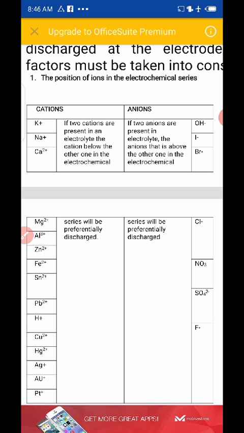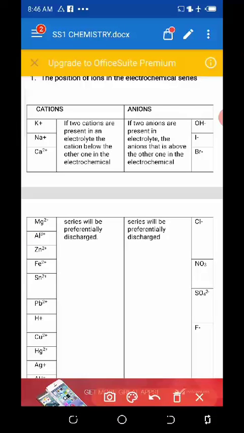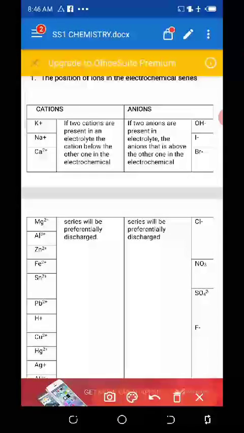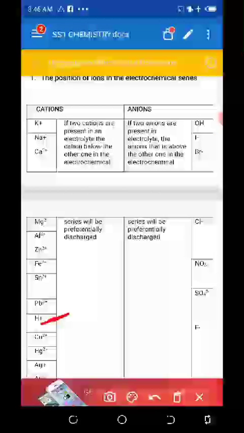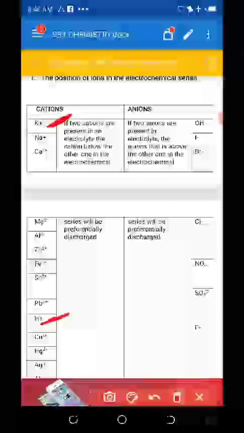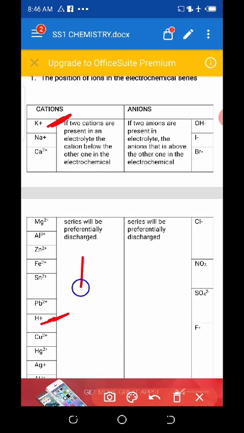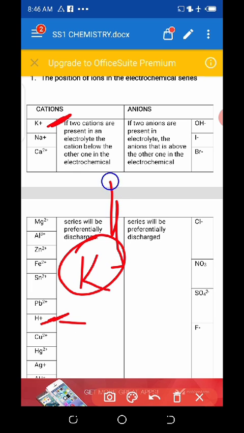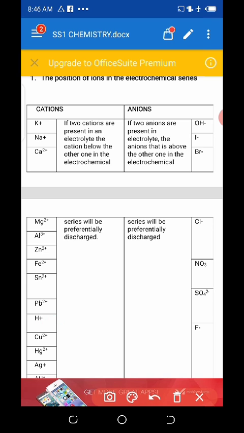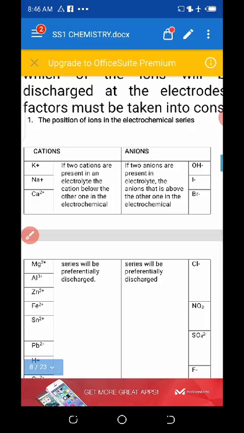With hydrogen ions, for instance, if hydrogen ions are in a chemical reaction with potassium ions, potassium will discharge preferentially to hydrogen because potassium is higher in the electrochemical series than hydrogen ions. Are we together? That's exactly what we call the position of ions in the electrochemical series.